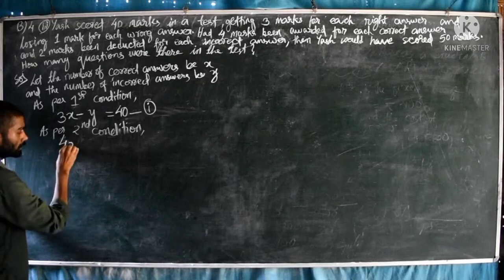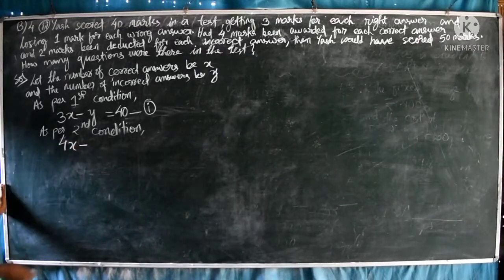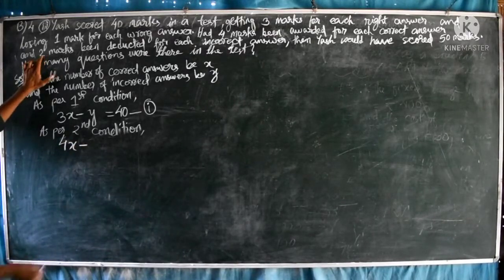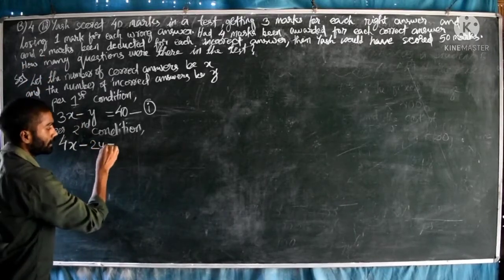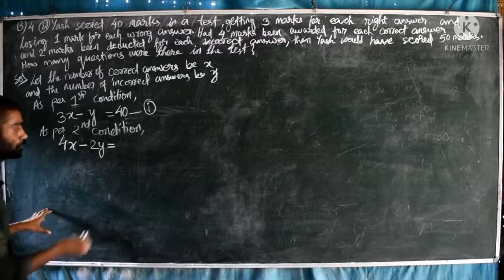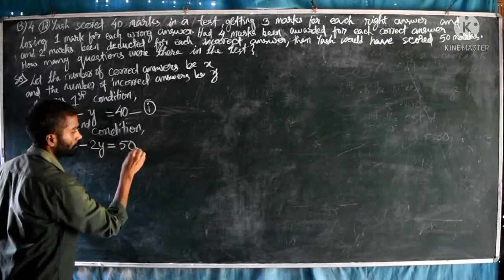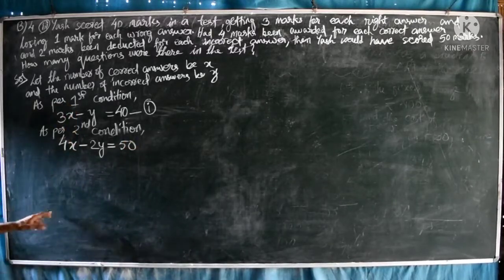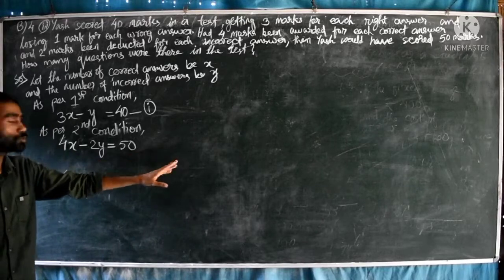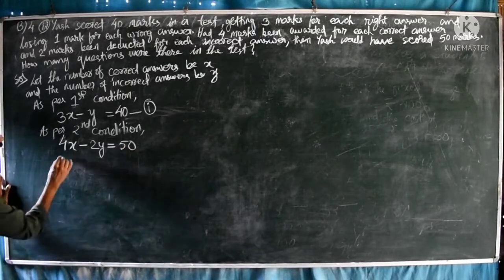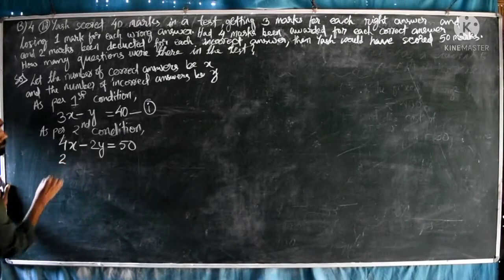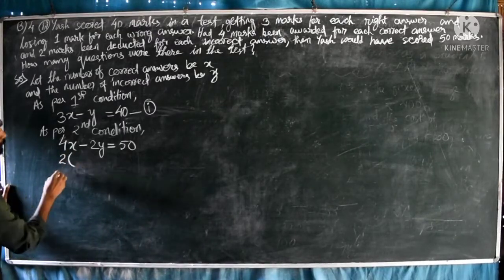That means 4 into X, minus 2 marks deducted for each incorrect answer, that means 2 into Y. Then he would have scored 50 marks. We can name it here itself as equation 2, and we can reduce it also. If we take 2 common from here, then what will be left here?